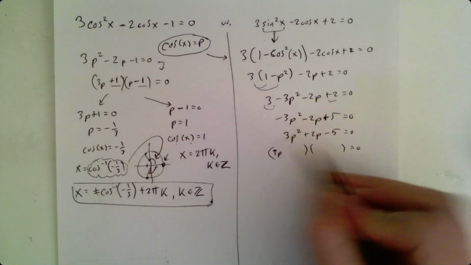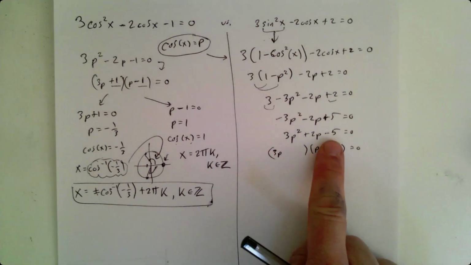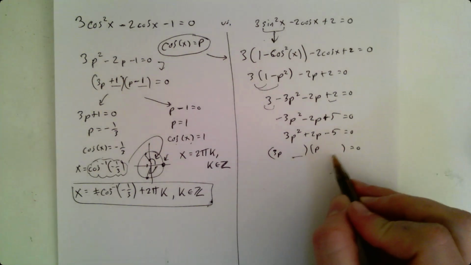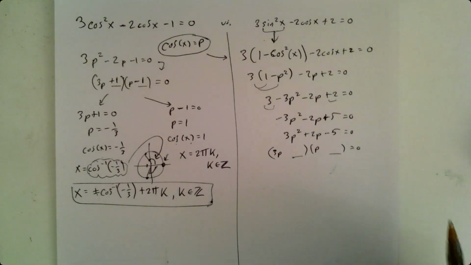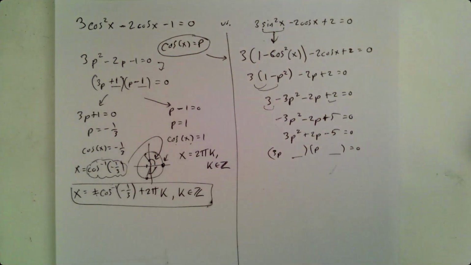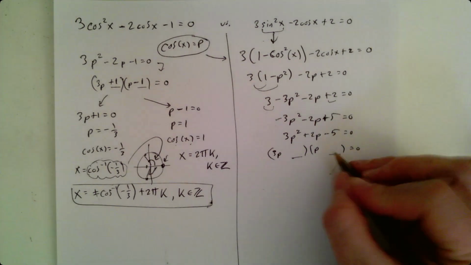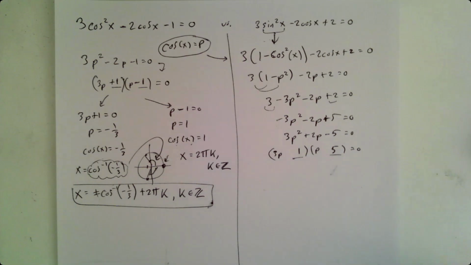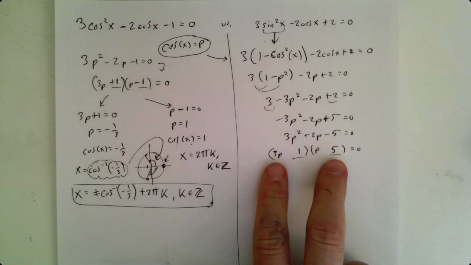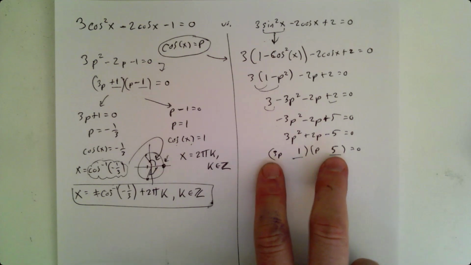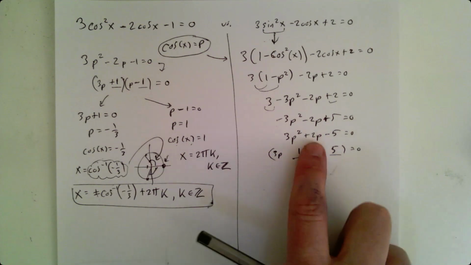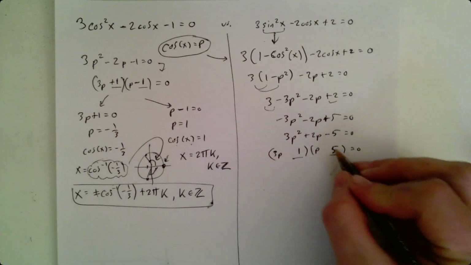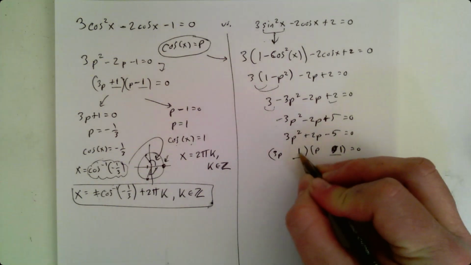So that can be 3p and that can be p. I know I need two things that multiply to be -5. So that can only be 5 and 1. Let's put them here. So now I'm thinking that doesn't make much sense because 3 times 5 is 15, but that's a very large number, so I'm not going to get to 2. So let's try it the other way. 1 and 5.